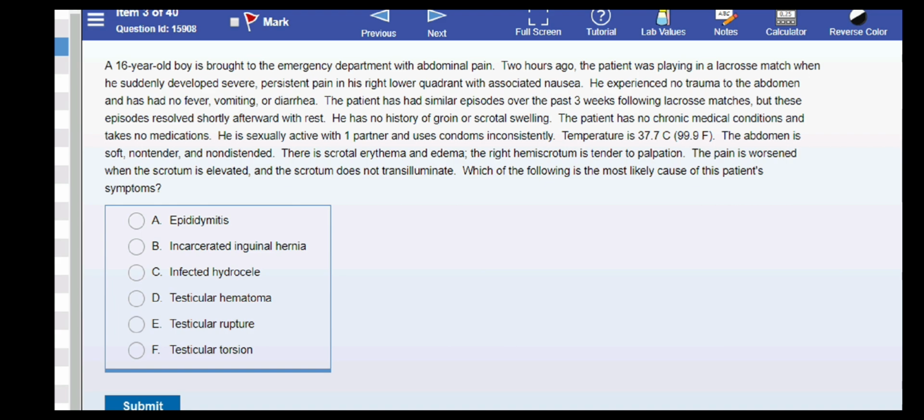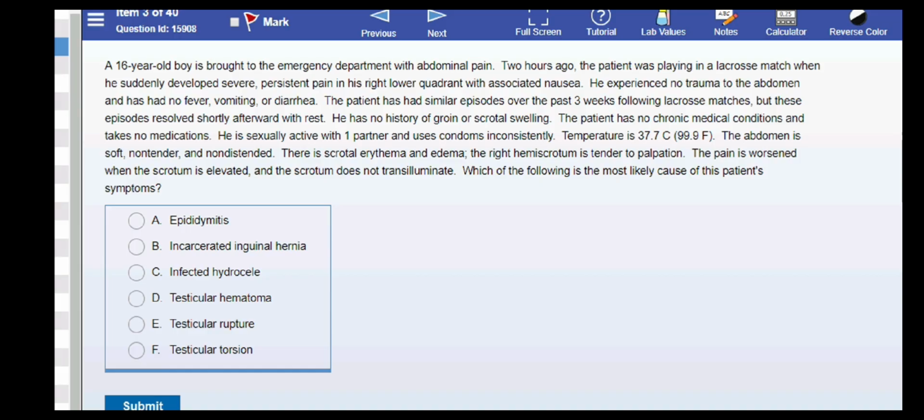He experienced no trauma, no fever, vomiting, or diarrhea. The patient had similar episodes over the last 3 weeks after matches, but these resolved shortly with rest. But now, no resolution.